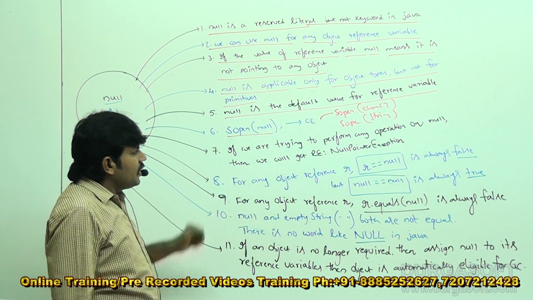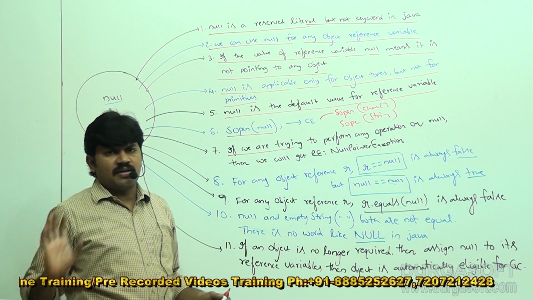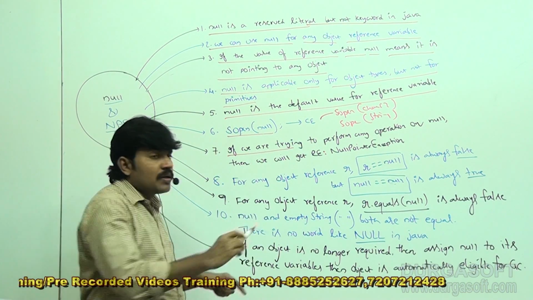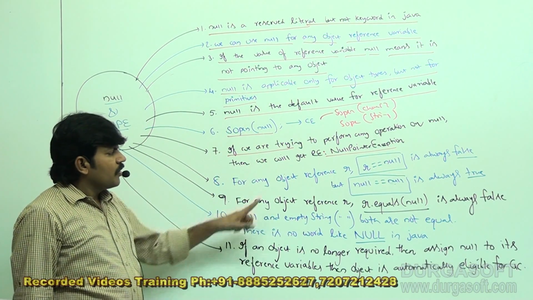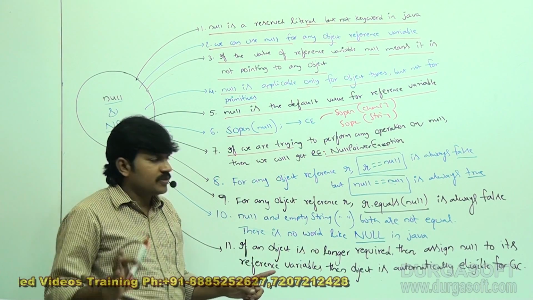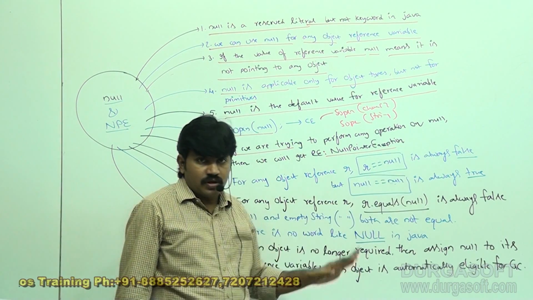Next, if we try to perform any operation on null, then we will get what? Null pointer exception. Next, for any object reference R, R double equal to null is always false. Are you getting it?